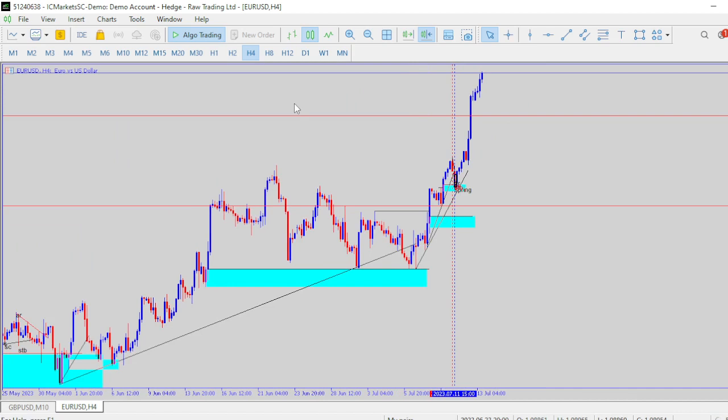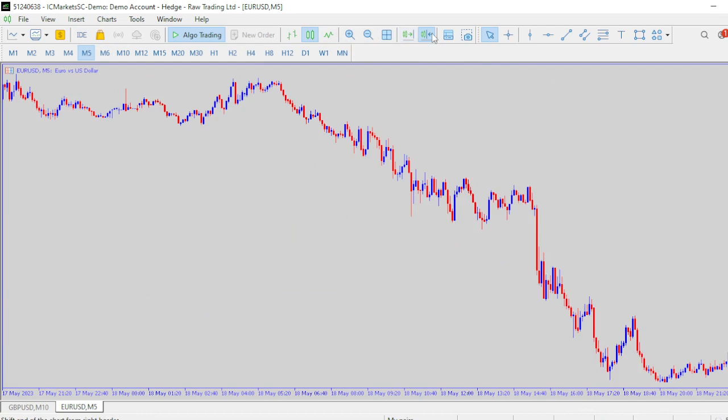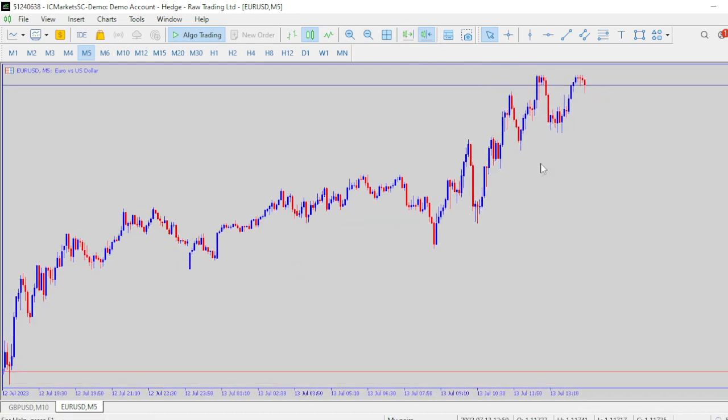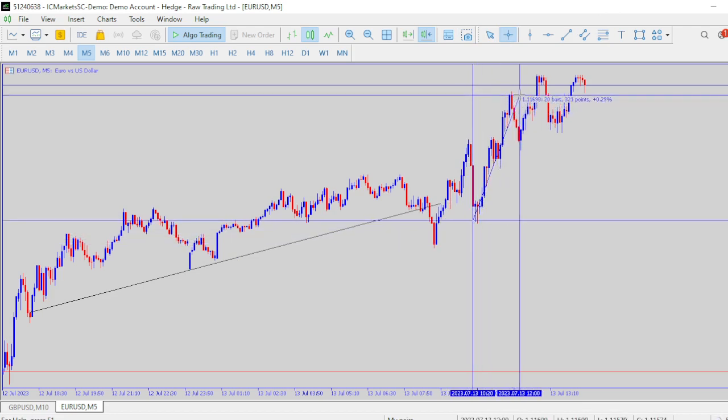You cannot assume that the price is oversold or overbought. Even if you take a trade within this move, I have to see trend line manipulation within this move.